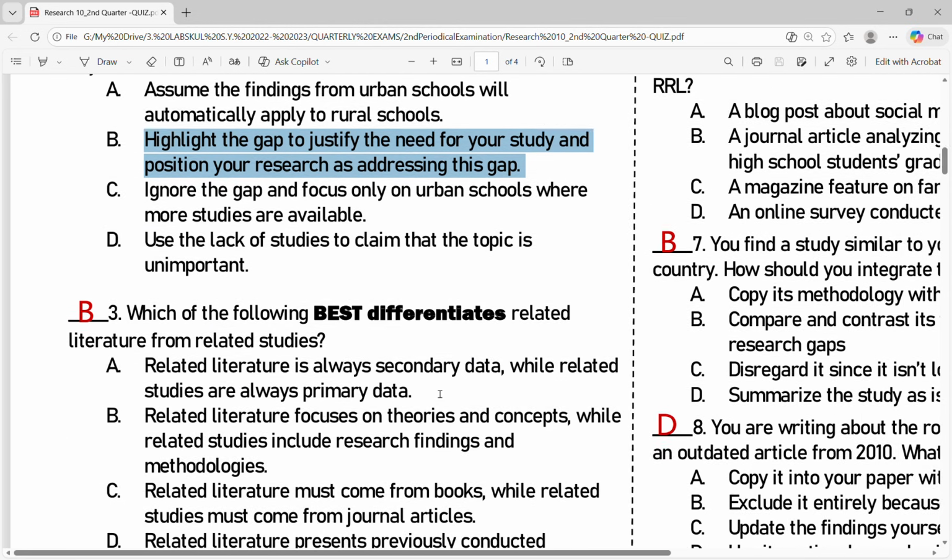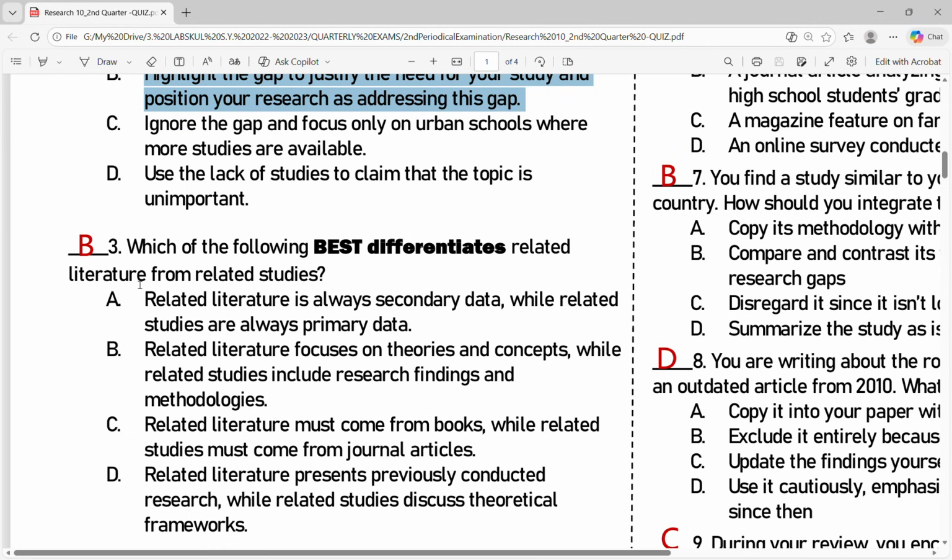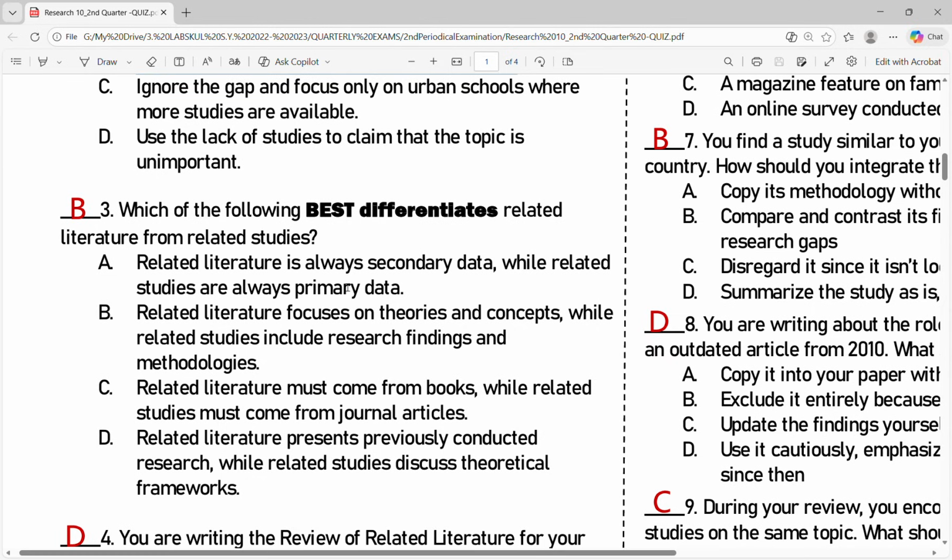Next, number three, which of the following best describes related literature from related studies? In the last session that we had, I highlighted how different related literature is from related studies. The answer here is that related literature focuses on theories and concepts.